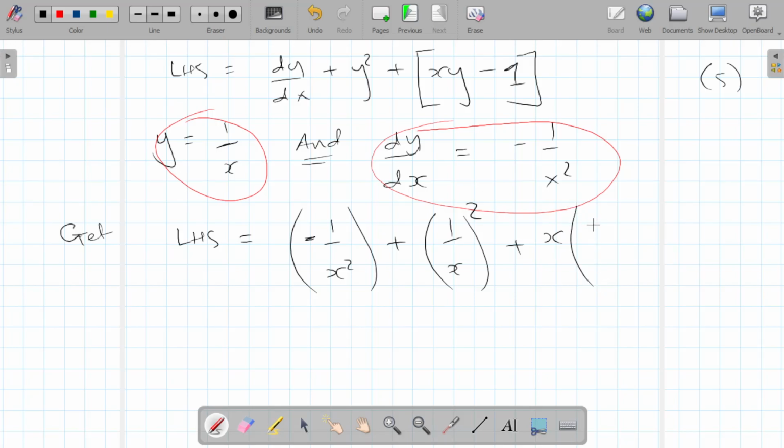Well, y is 1 over x, and then the minus 1 stays as it is. So the left-hand side is equal to minus 1 over x squared plus 1 over x squared plus 1 minus 1, because the x times 1 over x just becomes 1. And as you can see, the minus 1 over x squared and plus 1 over x squared just cancel because that's 0, and the 1 minus 1 is 0. So yes, the left-hand side is equal to 0.